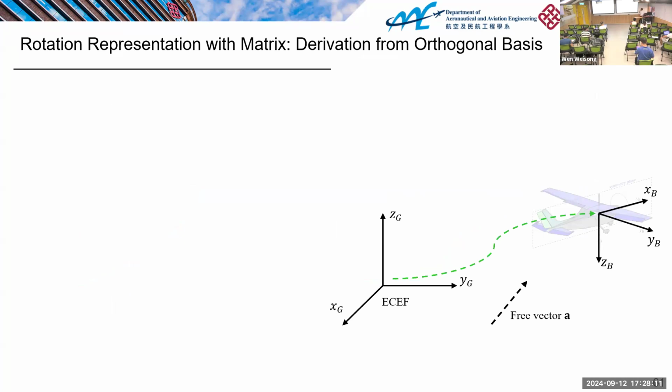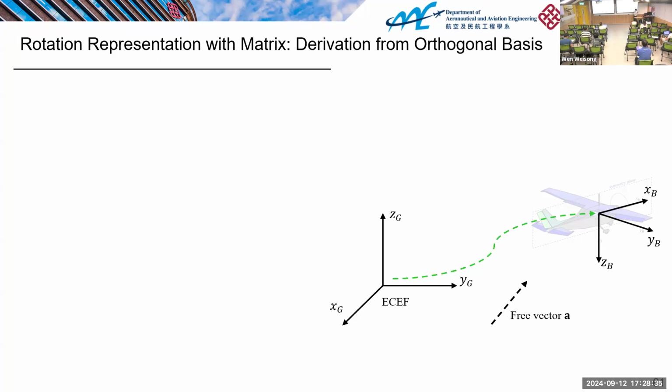First, let's talk about the rotation. For example, if this is a free vector, free vector means there's no translation problem; it can translate anywhere. This is the ECF coordinates, and the green one means the transformation to this. This is the z-axis.